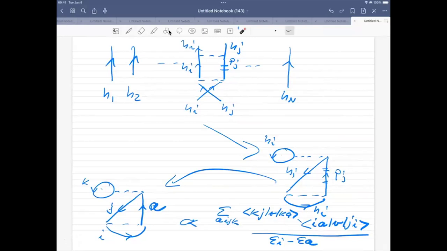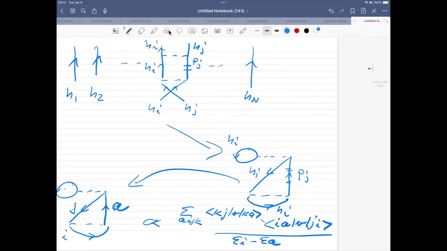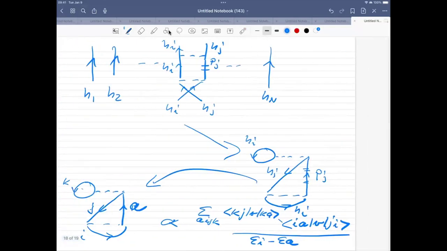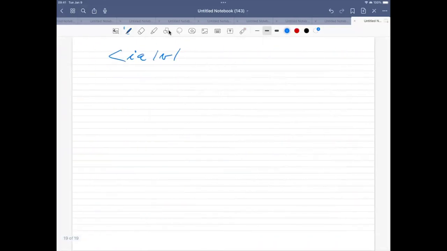If we look at the vertex here, we end up with a matrix element which is IA, V, and if we go back, it is J and I. Whereas when we look at the previous case, we had a matrix element given by IA of V, and then IJ.